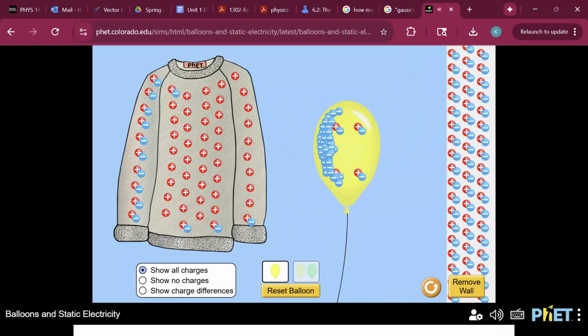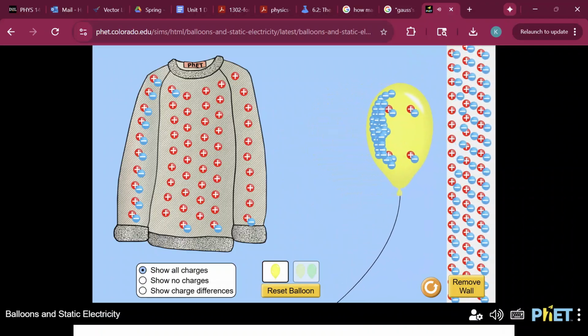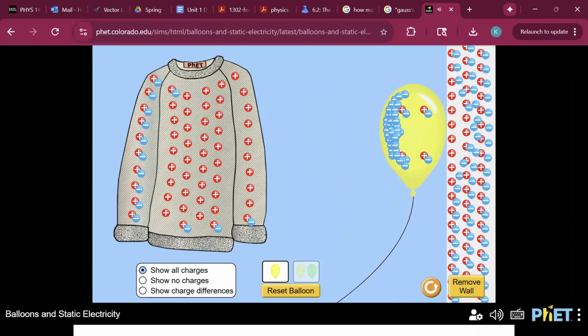The wall is still neutral, but you can see that as I bring the negatively charged balloon near the wall, the negative charges get repelled. Now, notice that those positive charges stay in place, and that's important because remember, the protons are stuck in the nucleus, in the atomic structure of the material. The material would completely fall apart if the positive charges just decided to move away.